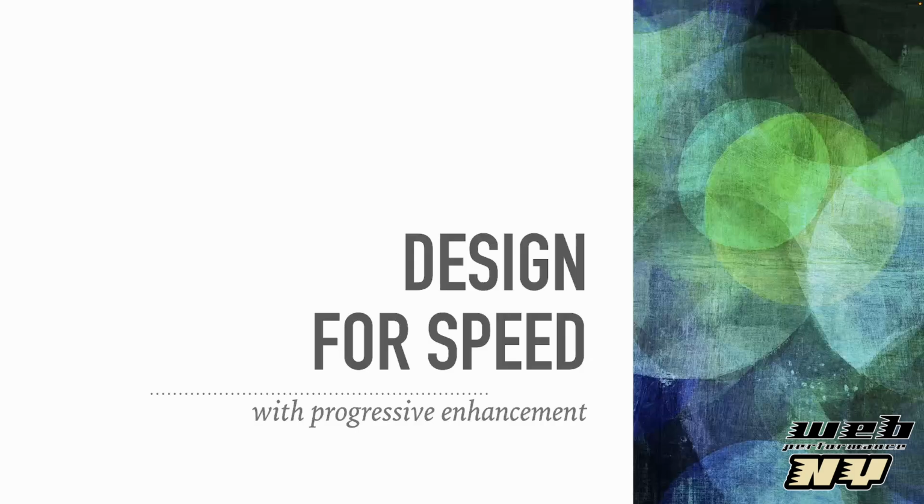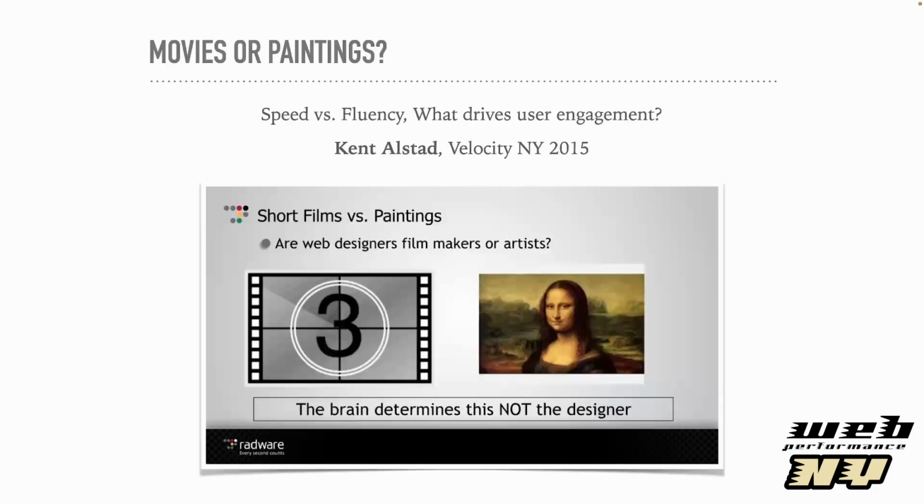So I want to quickly go about, and I'm a little over time, quite a bit actually, but I want to talk about the part where we can design the experience to be fast to begin with, before we start building it, right? This work emerged quite a while ago, like Kent Alstad at Velocity 2015.